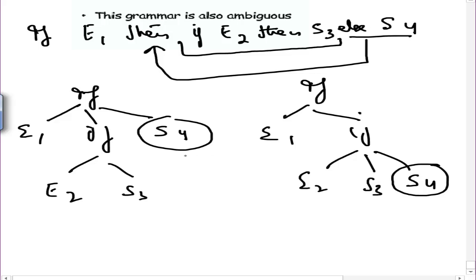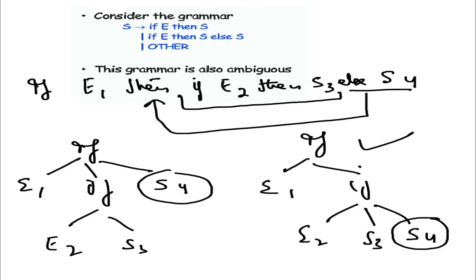Out of the two, we prefer this one. This is a fix to this problem: the else part matches the closest unmatched then. So S4 has a closest unmatched then, which is this then, so it should match to this then.